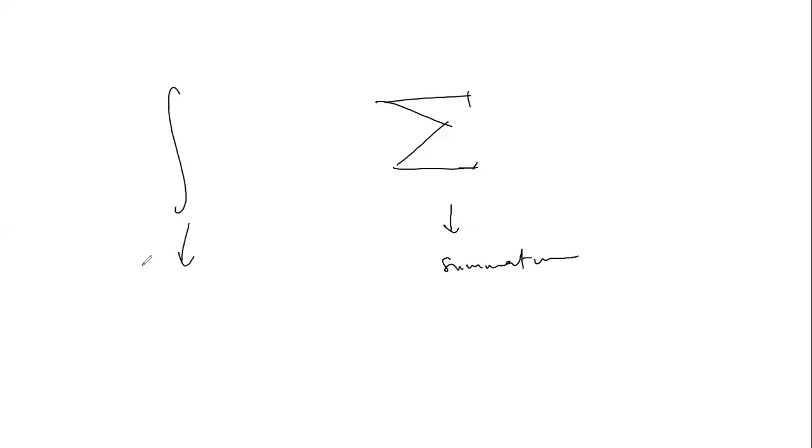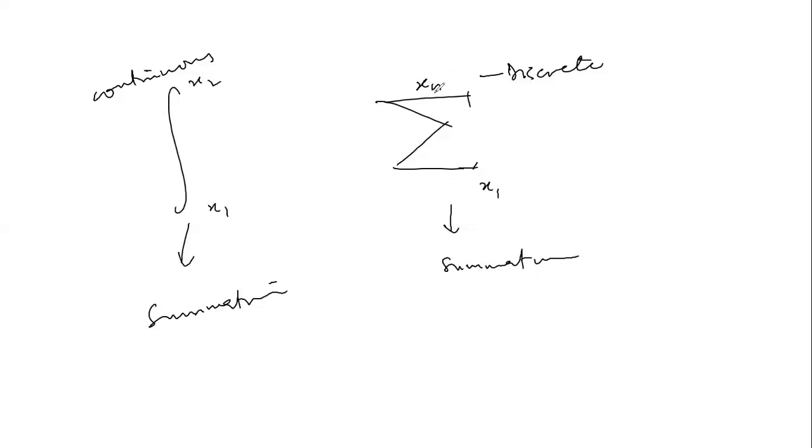Now, I'm telling you, we use this in the continuous domain, while we use this in the discrete domain, but both perform summation. Because we are taking over a range, say x1 to x2, okay? We're also taking from a range x1 to xn, okay?